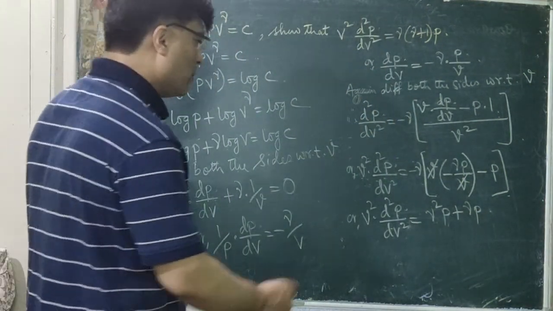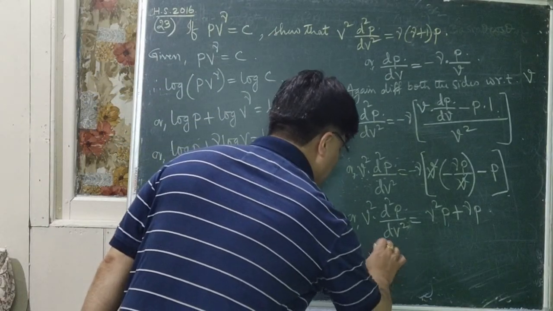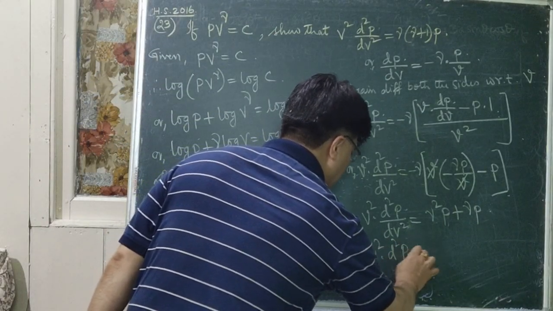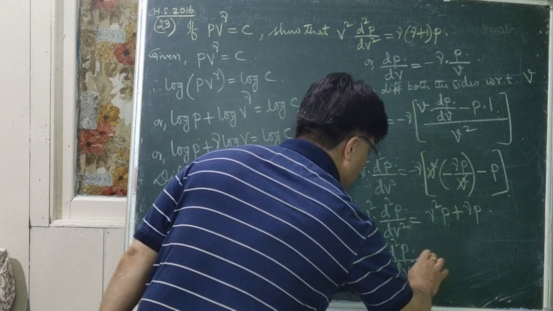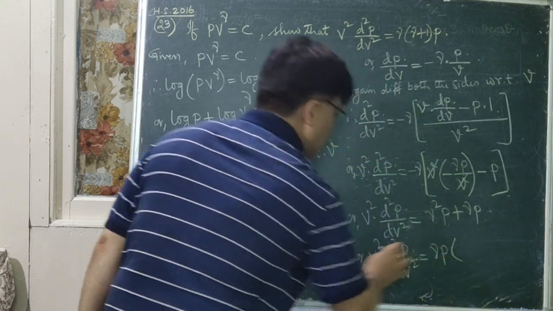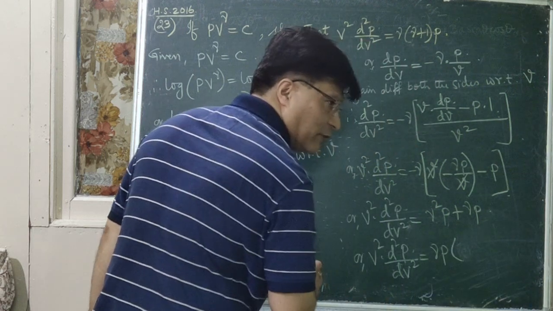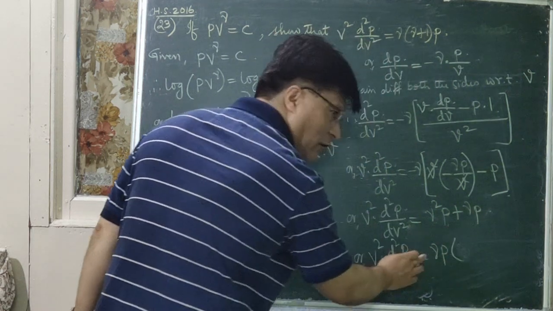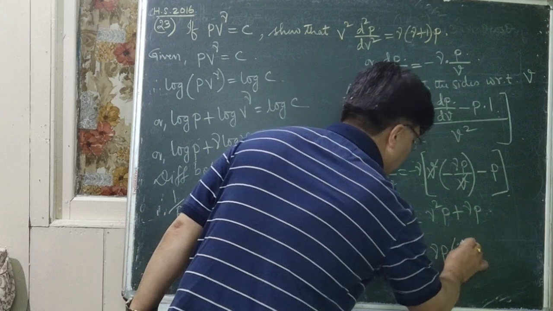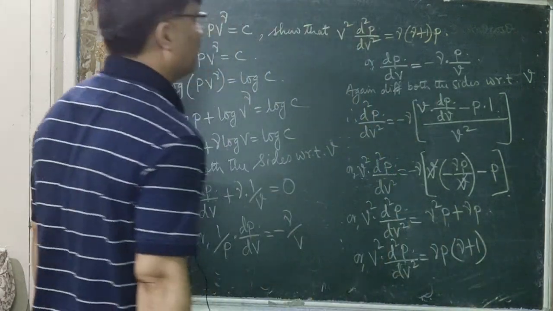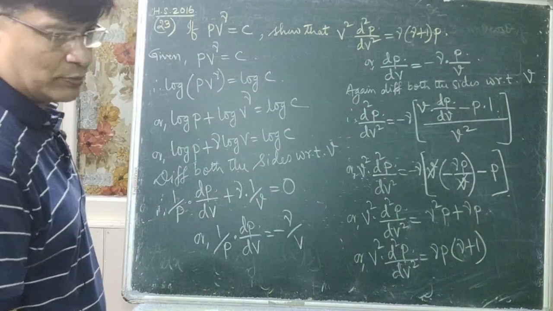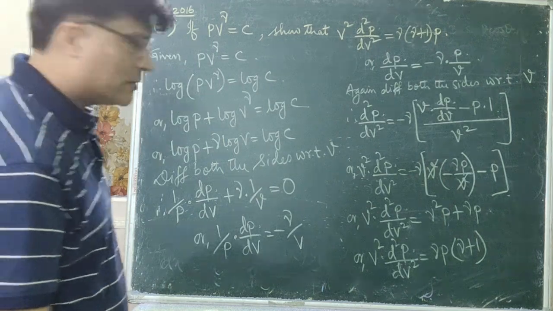Okay. So what is common out here? Or v square into d2p by dv square is equal to, what is common here? Gamma p. So within bracket what do we have? Gamma p is taken common. So within bracket we have gamma plus 1. So which is proved. Is that understood?